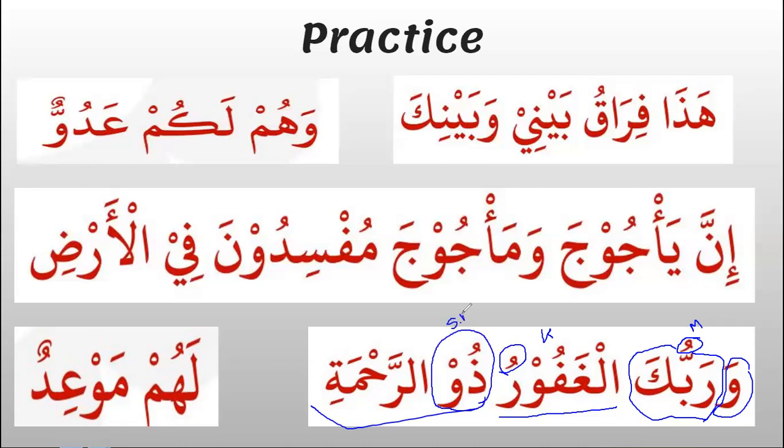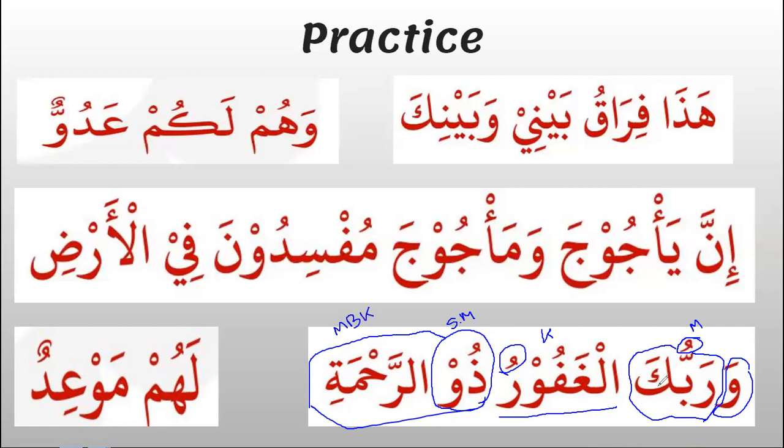It means possessor of. Dhu, dha, dhi: rafa is dhu, nasab is dha, and jar is dhi. So it's a special mudaf, and rahmat is its mudaf ilayh. So they are together, and special mudaf and mudaf ilayh are counted as muta'alliq bil khabar. So mubtada, khabar, and muta'alliq bil khabar, we got all three. So how do you want to translate this one?